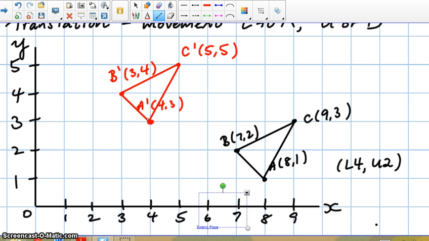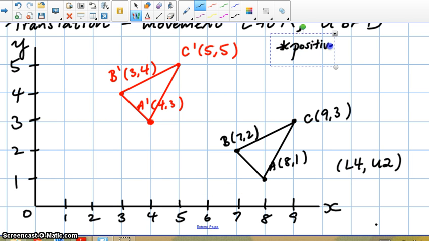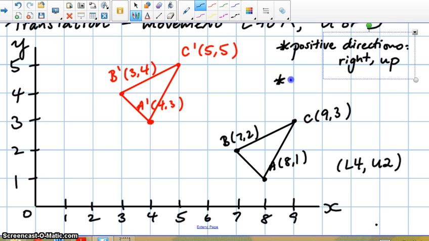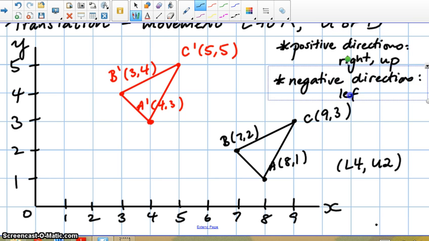You may have remembered from last year, and I'm going to jot this down over here, that positive directions are always right and up. Negative directions, because remember we're dealing with directions and we're dealing with the 4 quadrants this year, are always left and down.